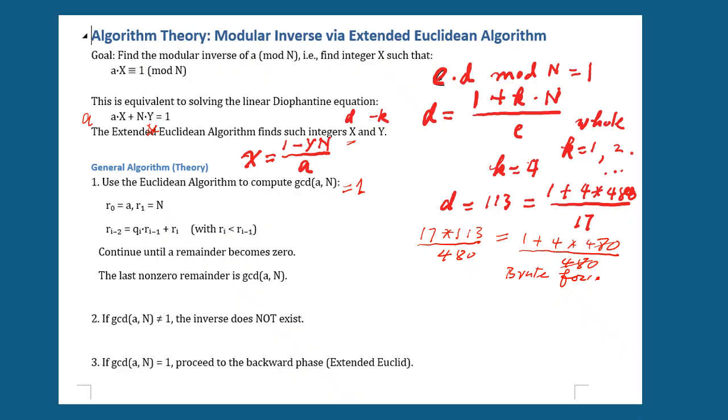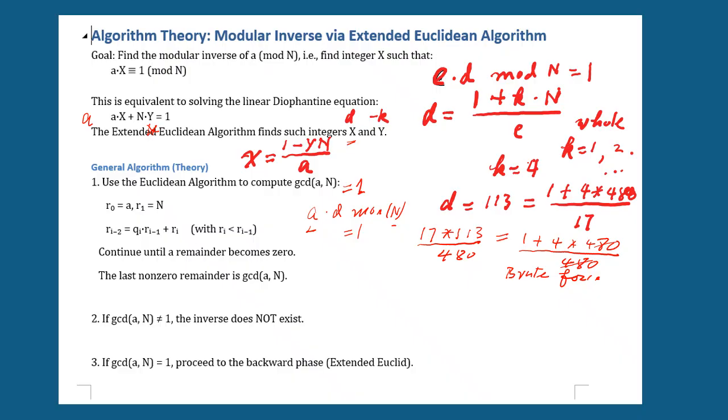If it is, then proceed. If it's not, you just claim that it doesn't have an inverse. If the GCD between this and m is not 1, there will be no solution.